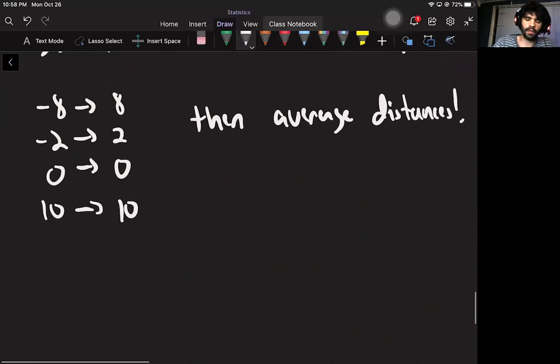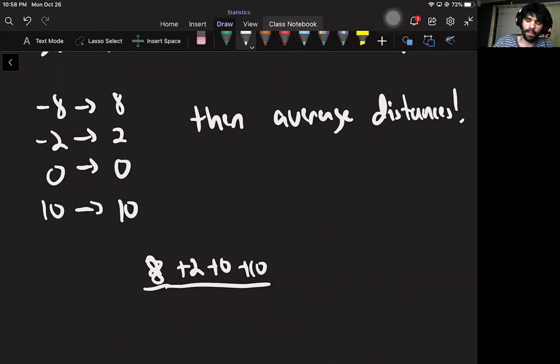So I'm going to do the same thing I just did, except now it's going to work better. 8 plus 2 plus 0 plus 10. Then there's 4 of those numbers, so I divide by 4 to get the mean. That gets me to 20 over 4, which is 5.